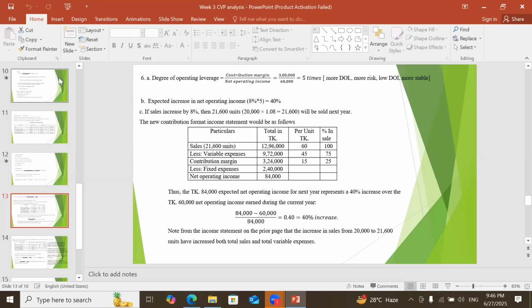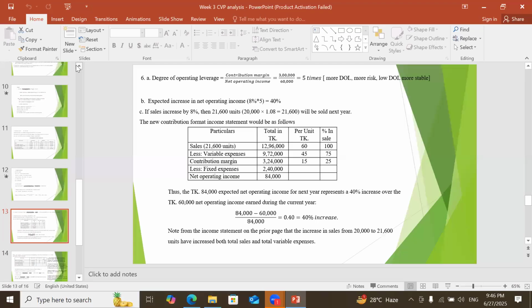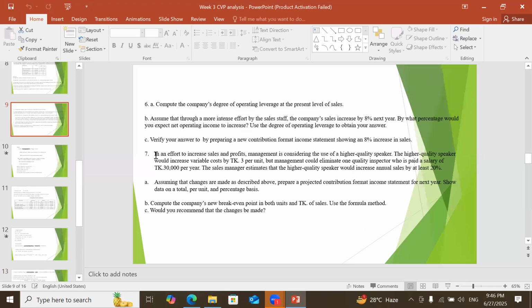Now I am going to another point, 6.C. Verify your answer by preparing a new contribution format income statement showing an 8% increase in sales.